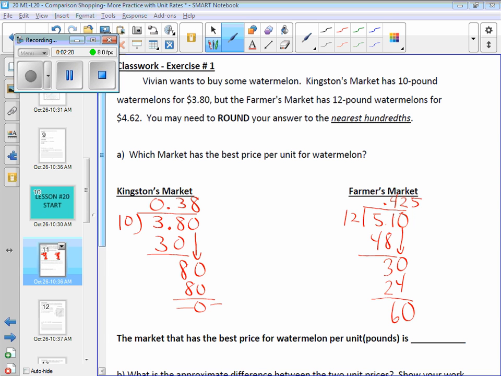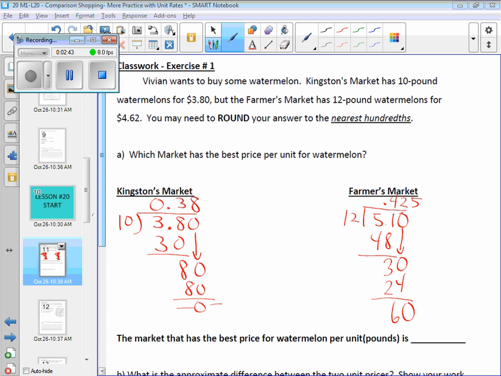0.425 is what, rounded to the nearest cent? How'd you know it's 43? Okay, so let me ask you this, guys. When we round to the nearest cent, what place value is either going to stay the same or go up?